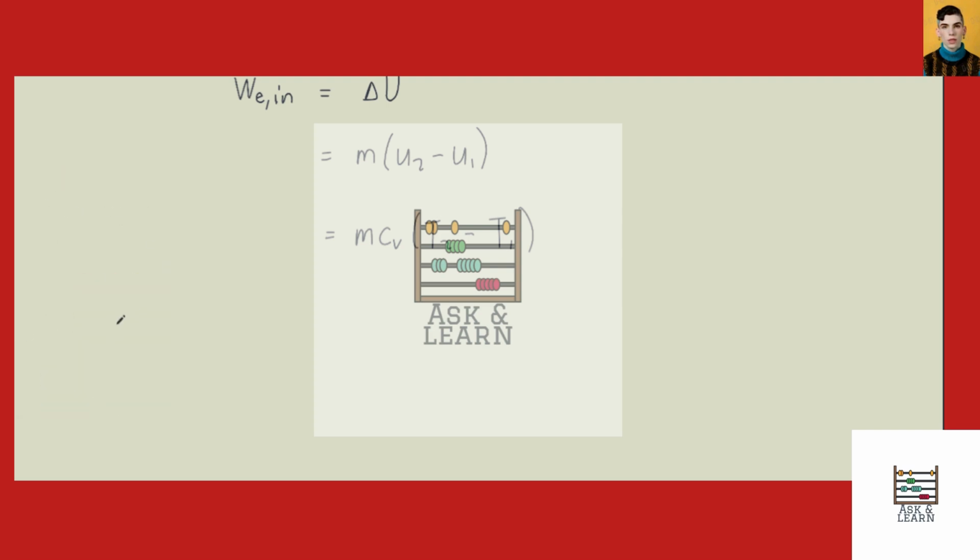Now, to use this equation, we will firstly find the mass of the air. For the mass of air, we can use the relation P1 times constant volume V over R T1.